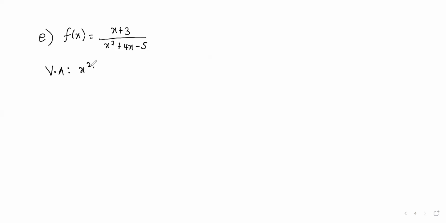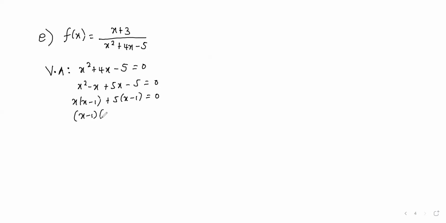We equate the denominator to 0. So it becomes x squared minus x plus 5x minus 5. So we have this. So this and this.